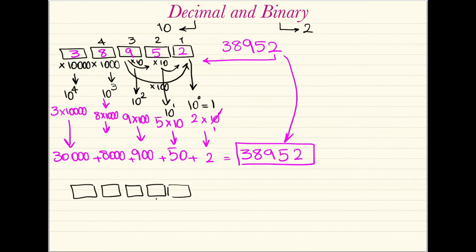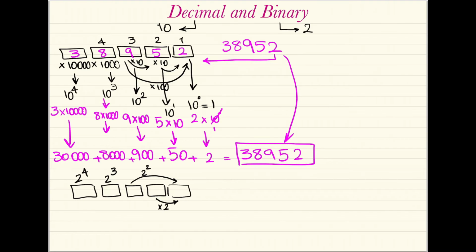For example, this box is 2 times bigger than the first box. This one is 2 to 2 times bigger. This box is 2 to 3. This box is 2 to 4, right?